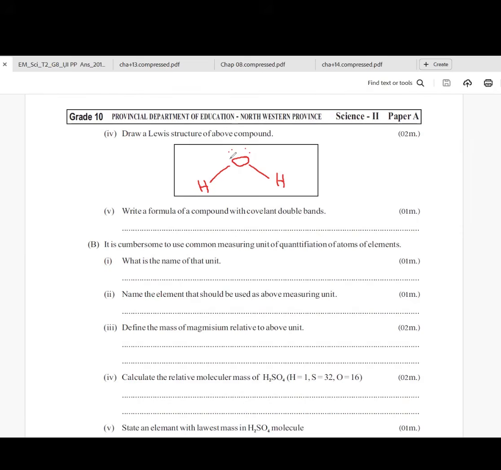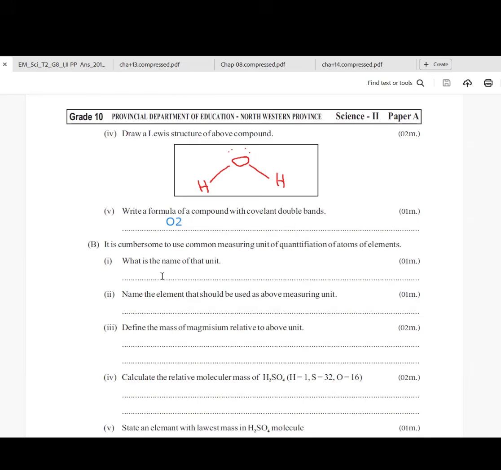Write a formula of a compound with covalent double bonds. Answer: oxygen, O2. In between the two oxygen atoms, two covalent bonds have been made. It is cumbersome to use a common measuring unit for quantification of atoms of elements.